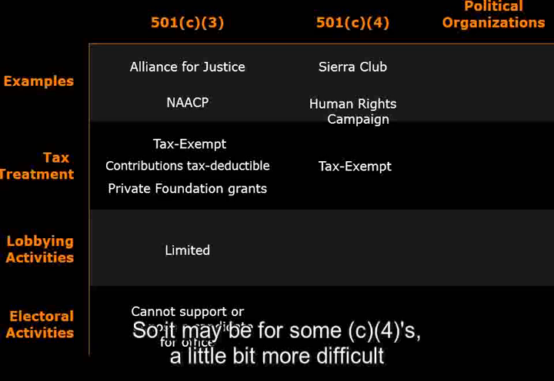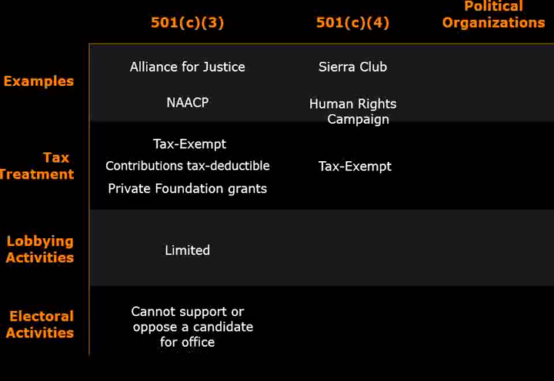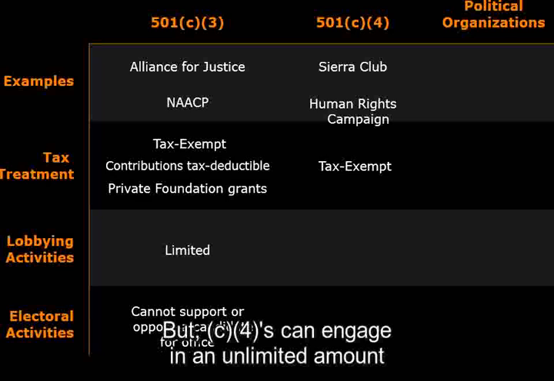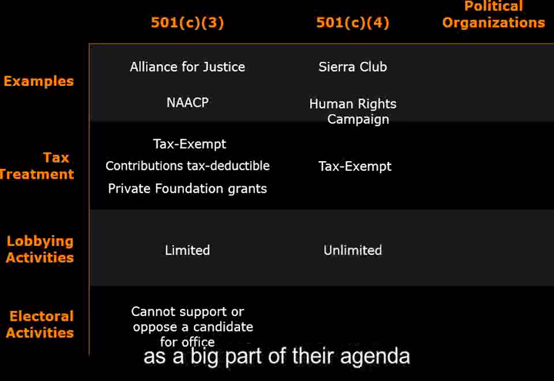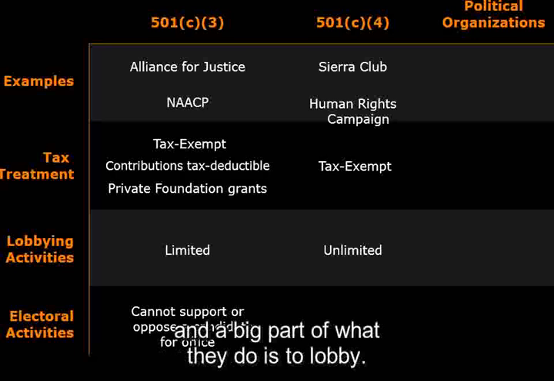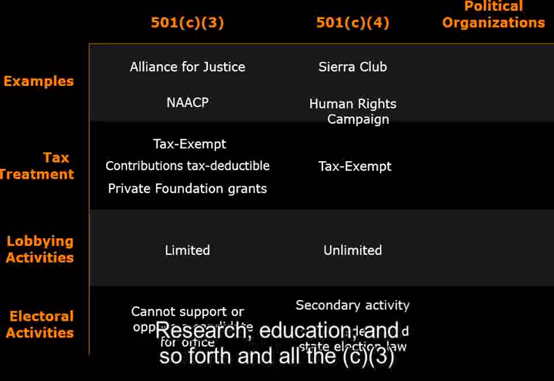So for some C4s it may be a little bit more difficult to raise funds for the organization. But C4s can engage in an unlimited amount of lobbying, and for most C4s, it's a big part of their agenda and a big part of what they do. They can also engage in many of the C3 activities, research, education, and so forth.